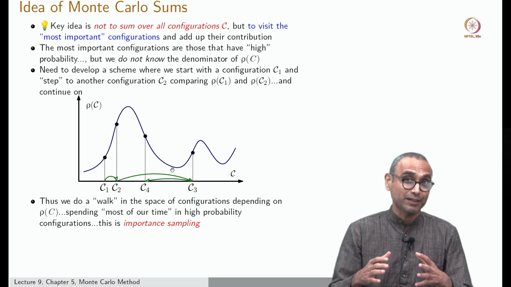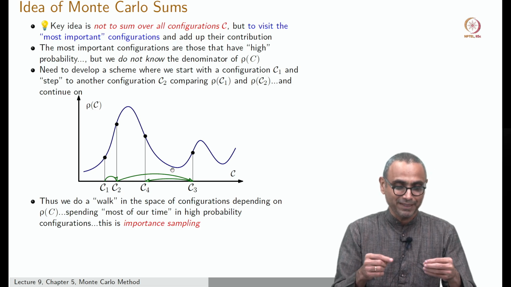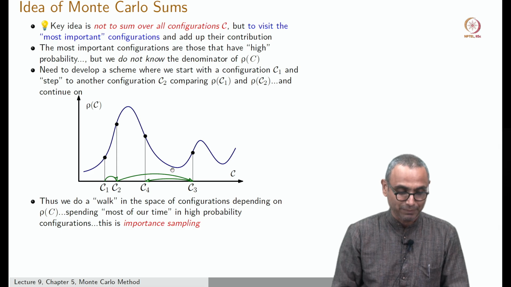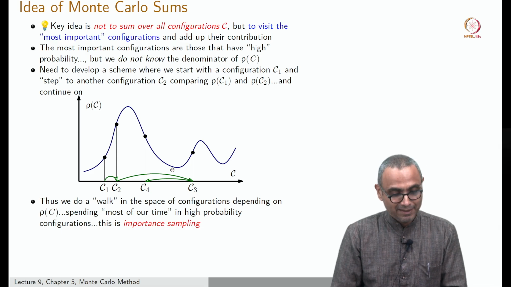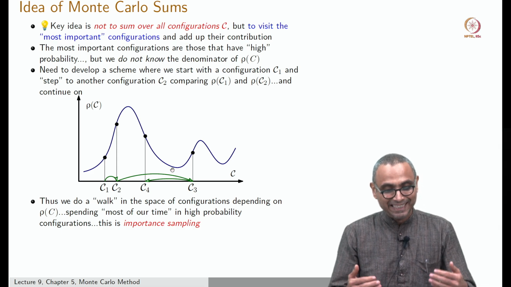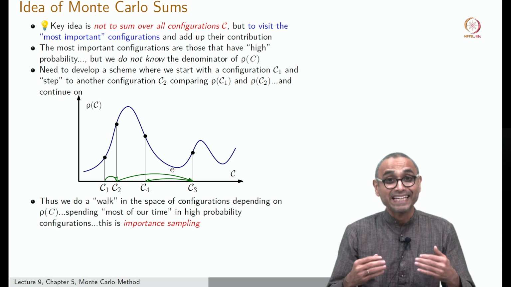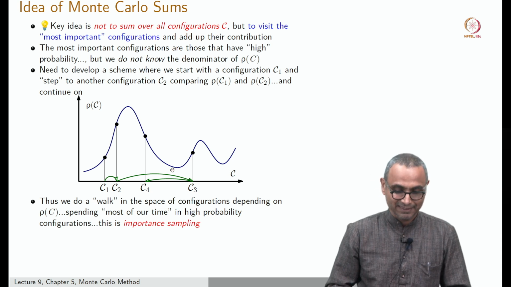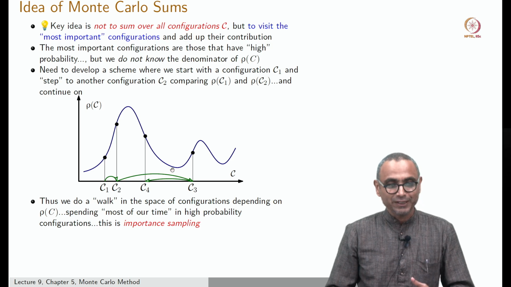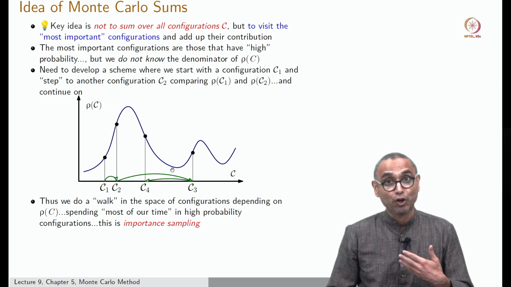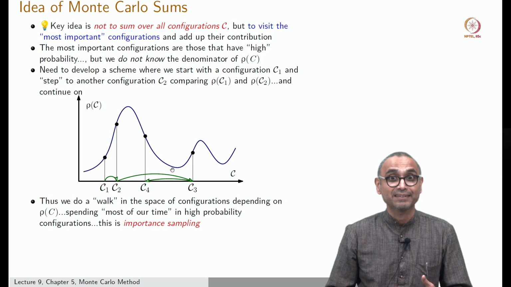Remember, this time is not real physical time, it's the time that I am using to step. So this is the idea of what is called importance sampling. What we want to do is develop a method for importance sampling the configurations.